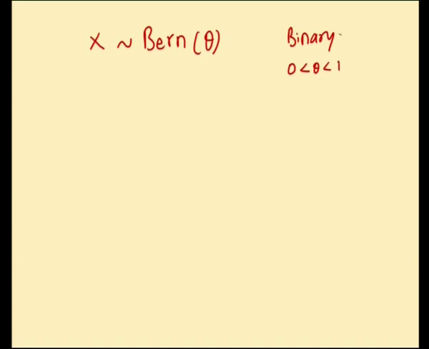So, it is binary, like yes or no, present or absent. It takes values for two aspects, where x is that. Its PDF is a simple form: theta power x and 1 minus theta power 1 minus x.